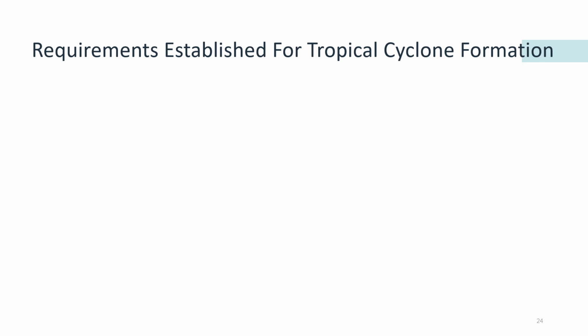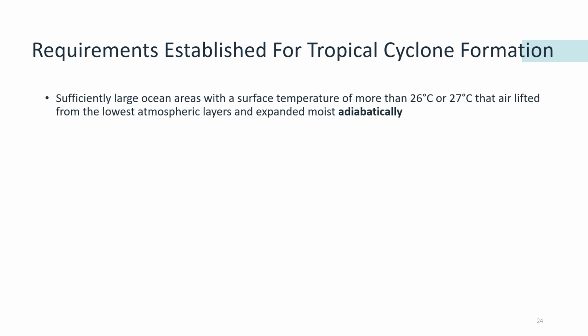So in that sense, tropical cyclone formation must be in sufficiently large ocean areas with a surface temperature of more than 26 or 27 degrees Celsius that could lift the air from the lowest atmospheric layers and expand it moist adiabatically.